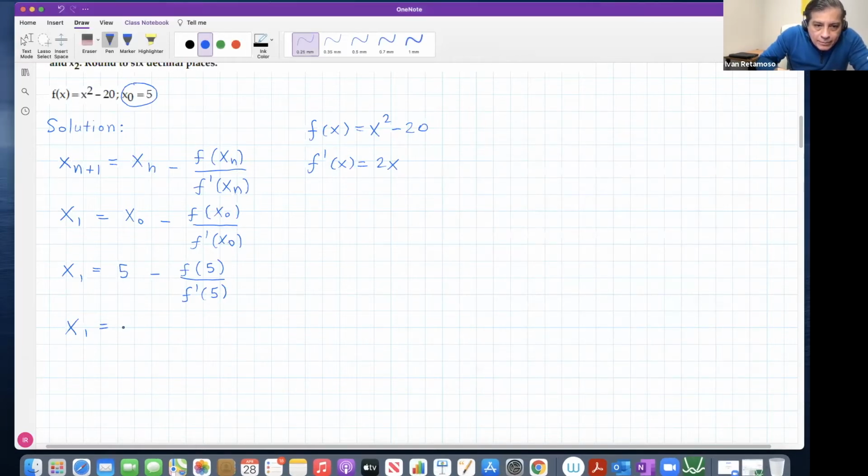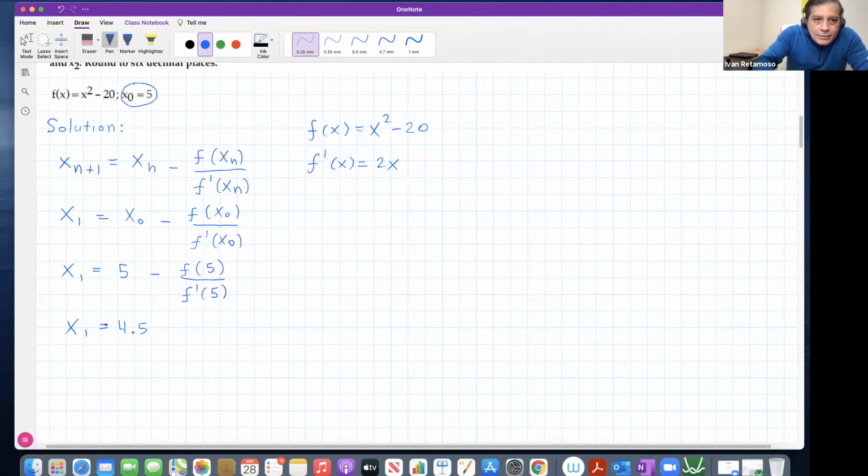So 4.5 here. This is the first iteration. And notice that compared to our first guess 5, it is better, in the sense that it is closer to the actual root, the actual zero of this f of x.